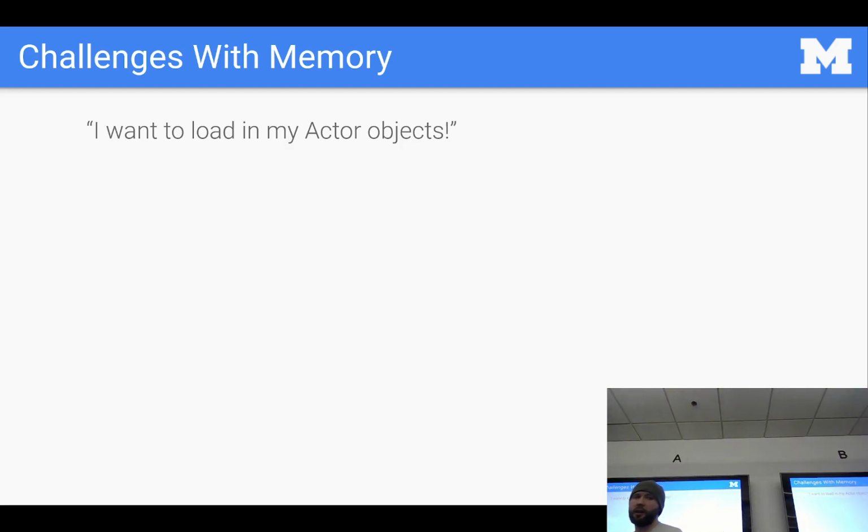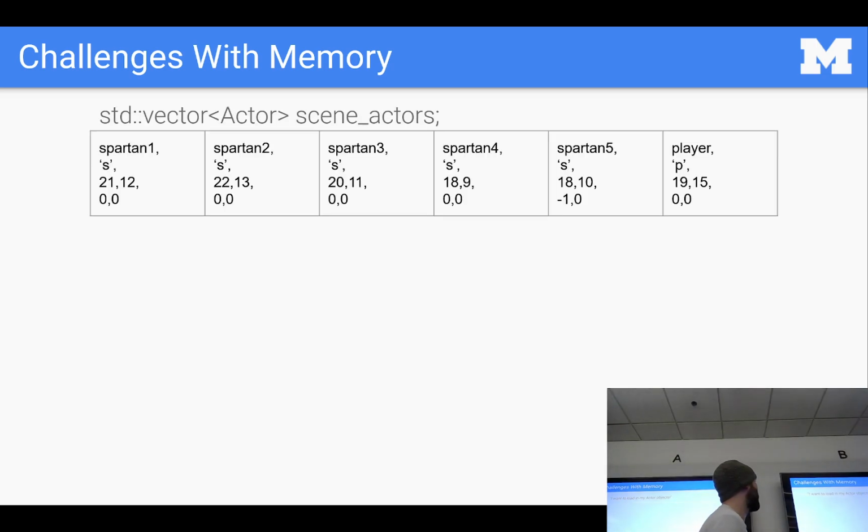Let's say you want to load in your actor objects. A natural choice for a lot of you is going to be, let's just make a std vector, and start pushing objects we load in from the seed file into that vector. So here we have our vector of actor types, and we're going to call it the current scene actors.